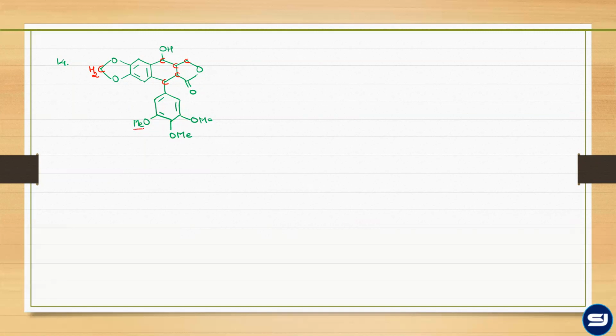Me is the abbreviation of methyl, and methyl is CH3, which is sp3 hybridized. So don't forget to count the carbon atoms of the methyl groups. So overall sp3 carbons are 1, 2, 3, 4, 5, 6, 7, 8, and 9. Clear? Yes, sir.